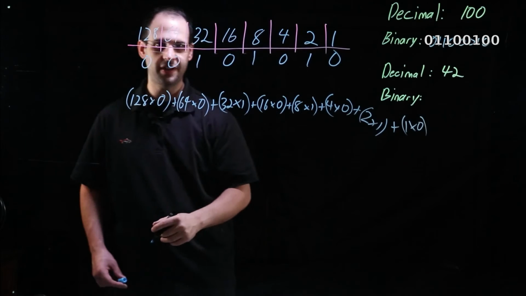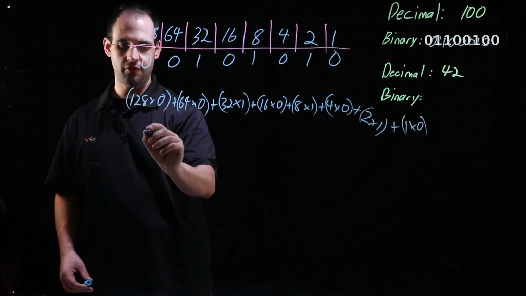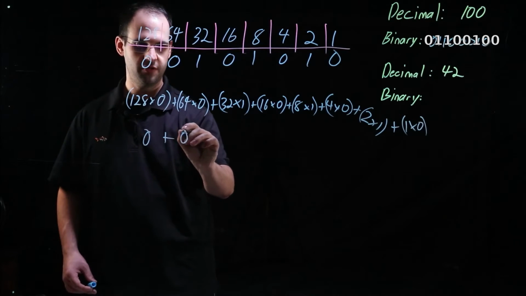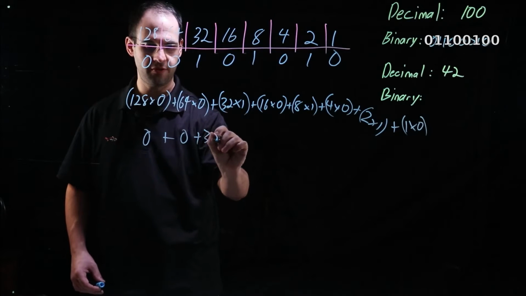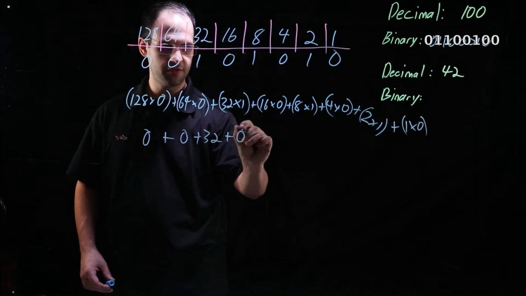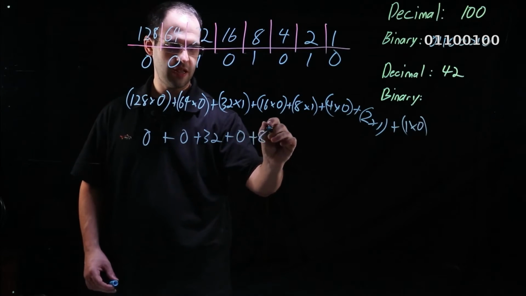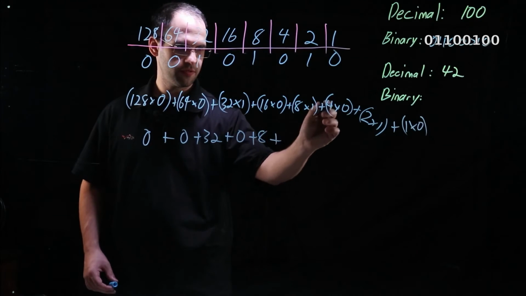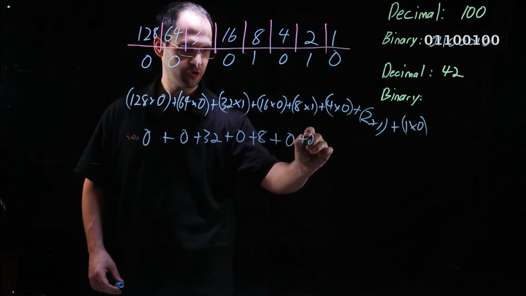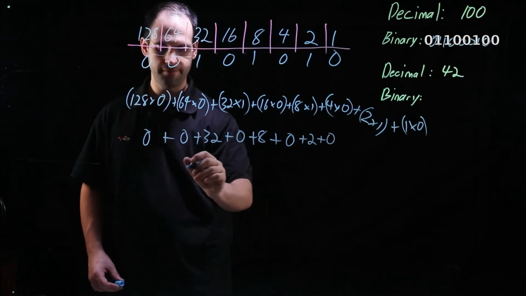Or if we bring this all together, that's 0 plus 0 plus 32 plus 0 plus 8 plus 0 plus 2 plus 0.